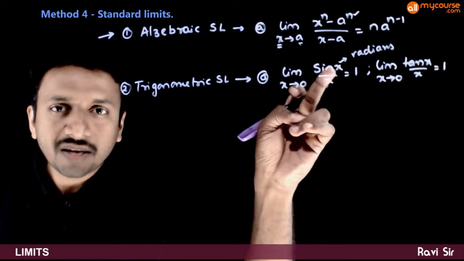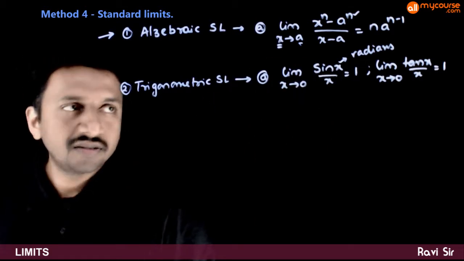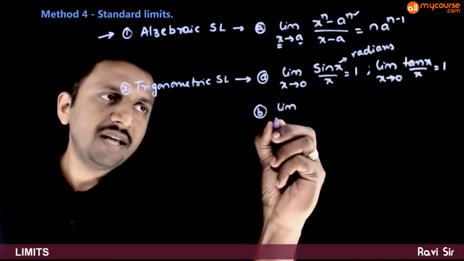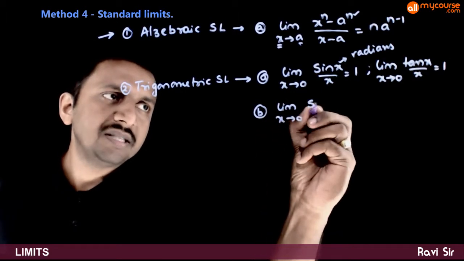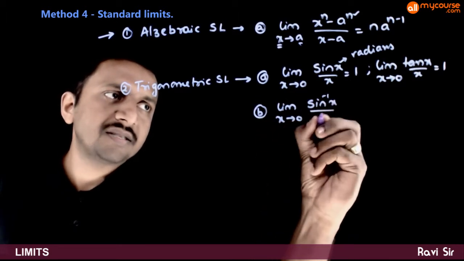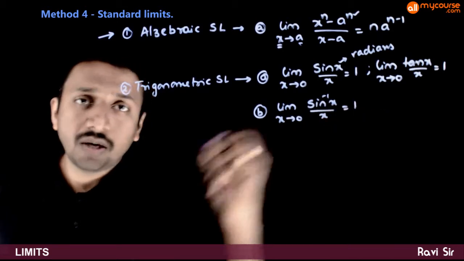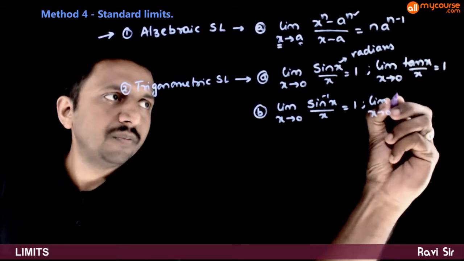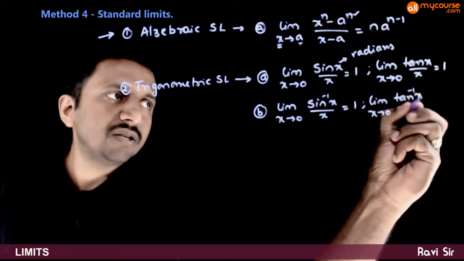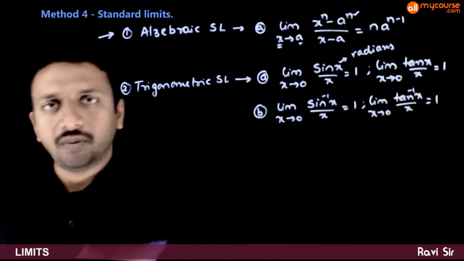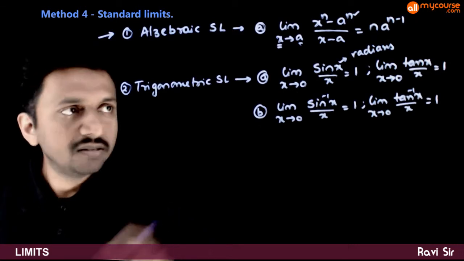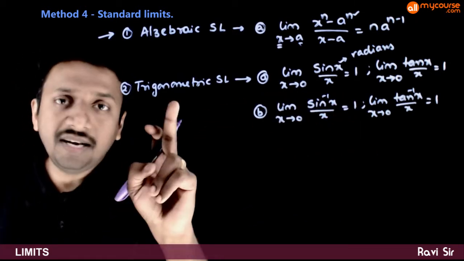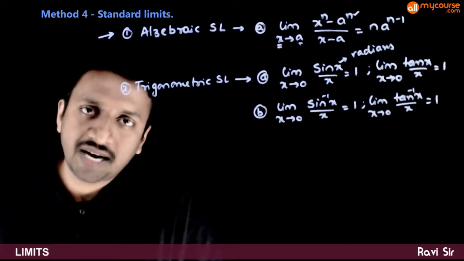No unit is given, x is in radians. And limit x tends to 0 sin inverse of x by x is equal to 1 and limit x tends to 0 tan inverse of x by x is also equal to 1. So these are the 4 standard limits which you need to remember in trigonometric standard limits.